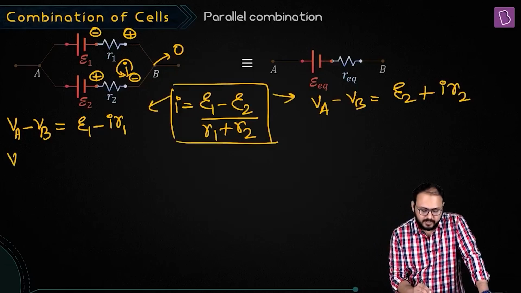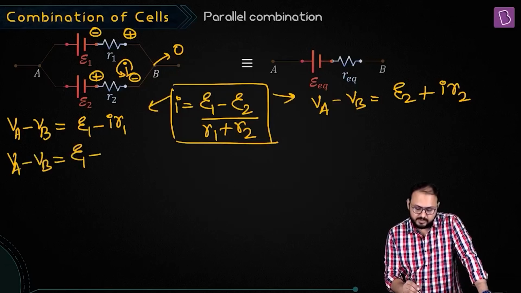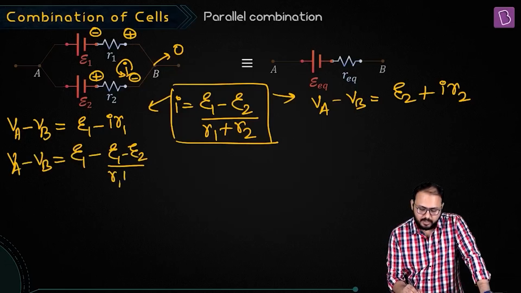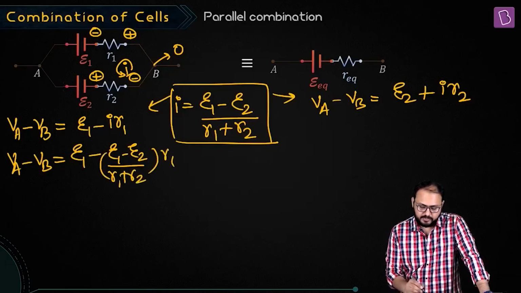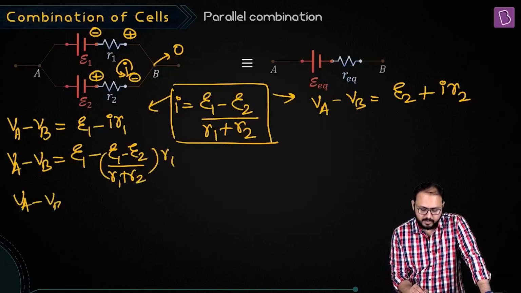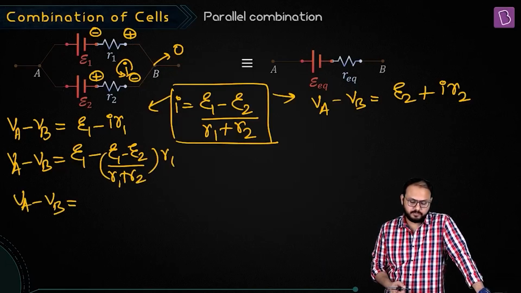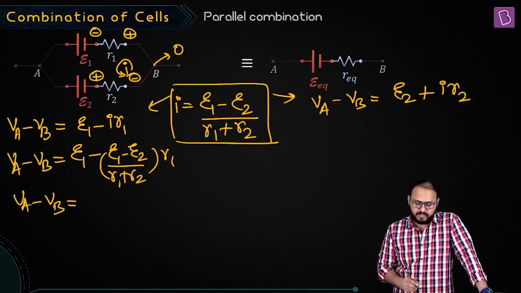Okay. So, sir, if I do that, I get E1 minus IR1. So it will become E1 minus E2 upon R1 plus R2 multiplied by R1. Now take the LCM. If you do that, you get E1R1 plus E1R2 minus E1R1. So the E1R1 term gets cancelled.